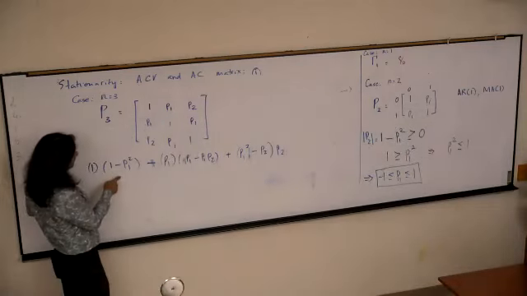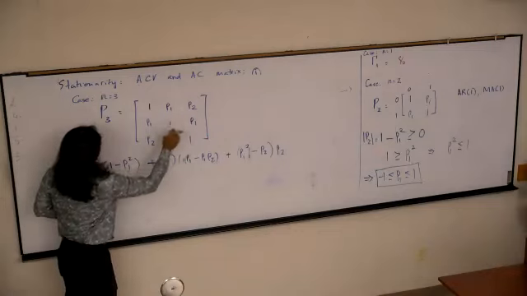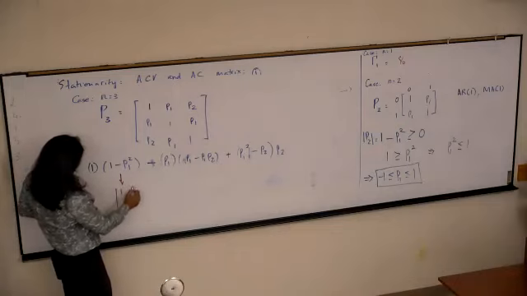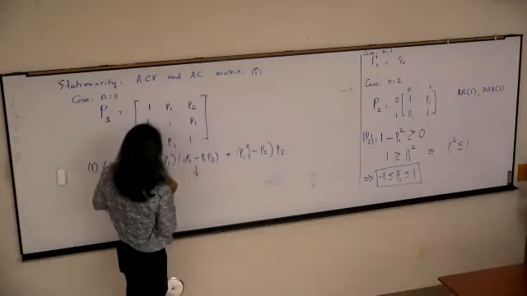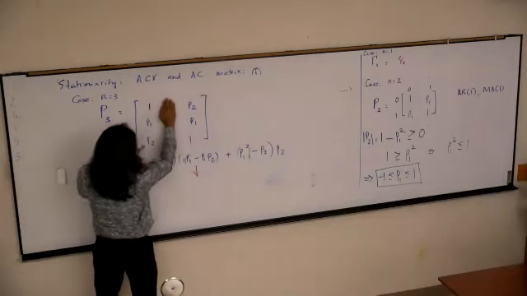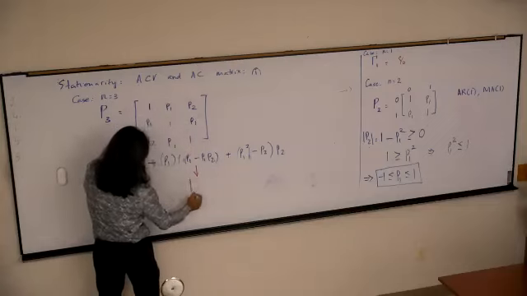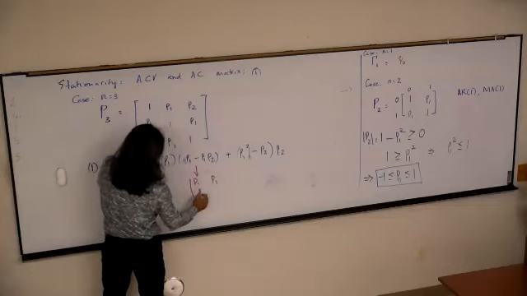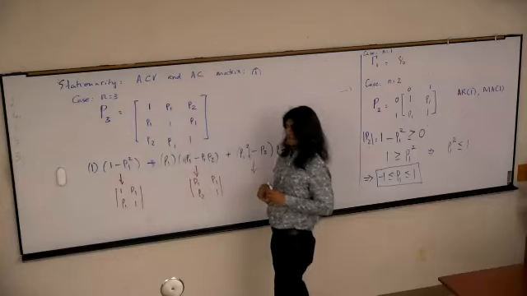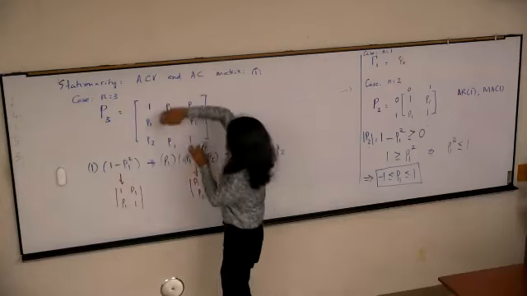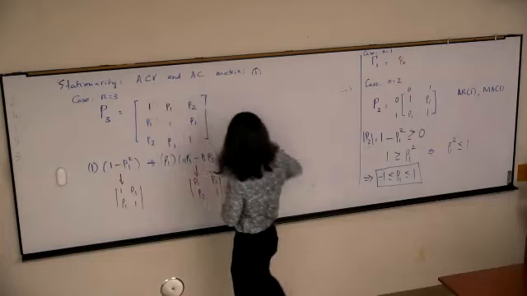This part right here is simply the determinant of that matrix. That part right there is the determinant of rho 1, rho 2, 1. The last part there is the determinant of that matrix, rho 1, 1, rho 2, rho 1.